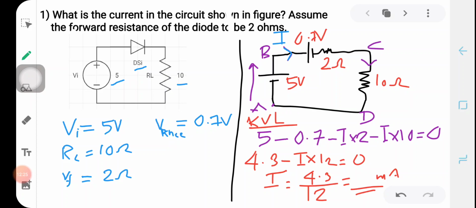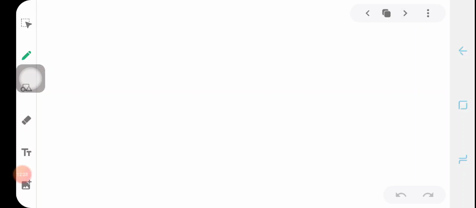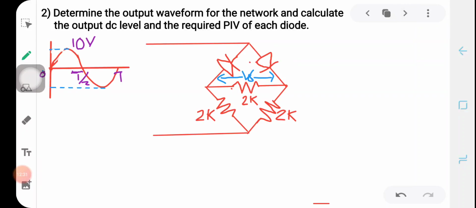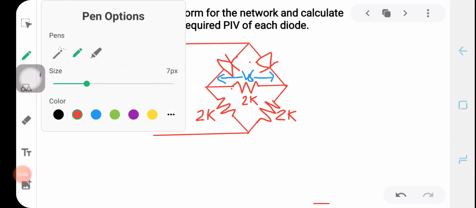Okay, now let's see the second question. That is another very simple question. Determine the output waveform for the network and calculate the DC level and the required peak inverse voltage of each diode. The output voltage is given across this 2 kilo ohm resistor and is represented by V0.